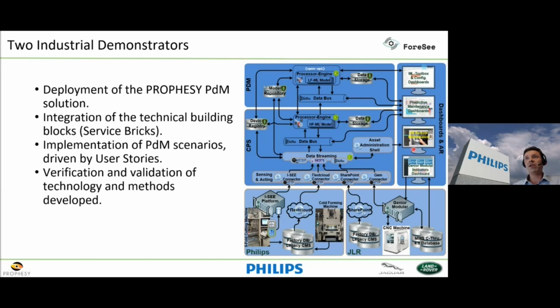For instance, in the AR viewer, we were also able to feed back the outcomes of the PdM data analytics to the factories of Jaguar Land Rover and Philips. And this generic architecture is based on the Mantis reference architecture.